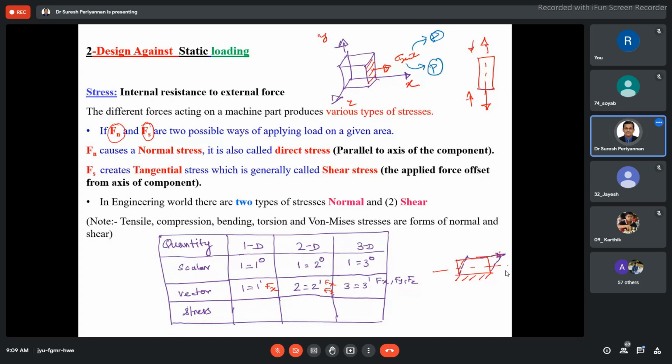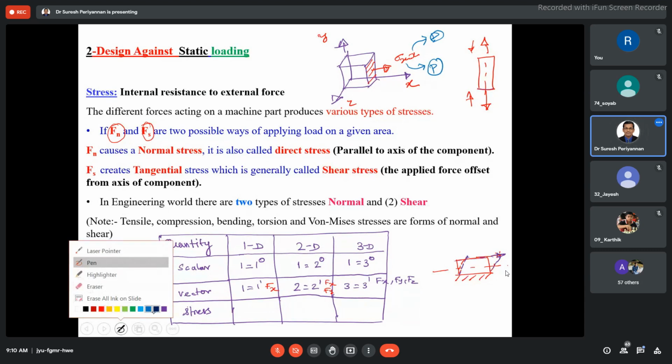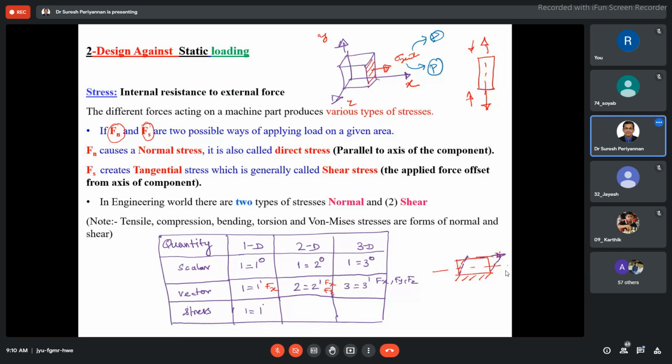Now I am going to write here, based on that concept I am going to explain here. See, 1 is equal to 1 power 1 power 2. Okay, now 2 power 2 is equal to 2 power 2. Now sorry, here 4. 2 power 2 is equal to 4.